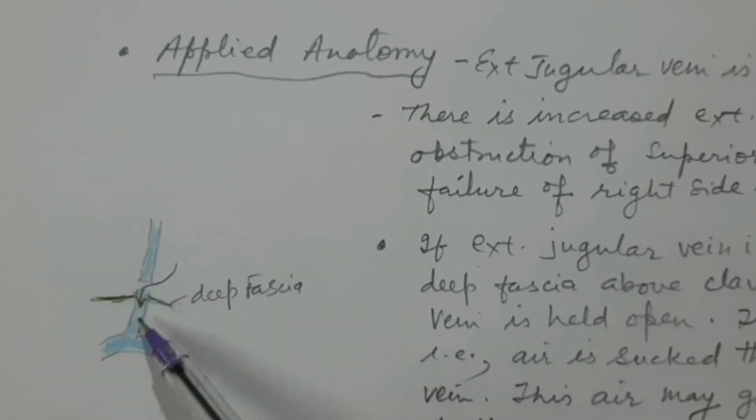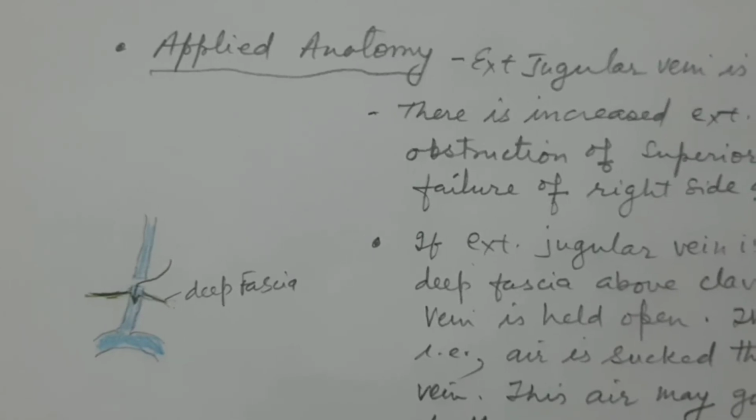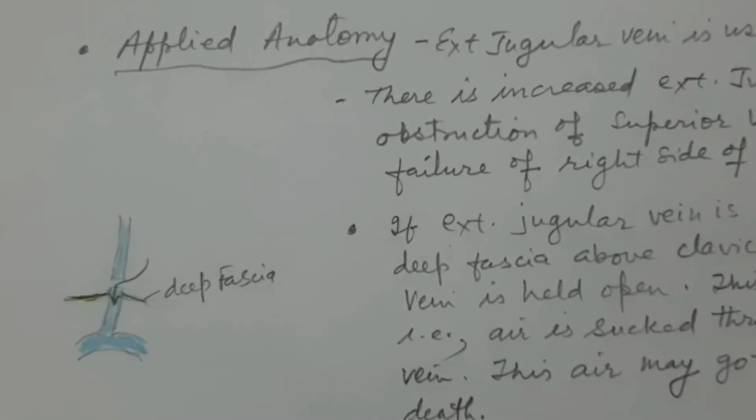And this may suck the air, and the air will go into the large veins and then to the heart, and from the heart this air may go to the various viscera. This is called air embolism. Air is taken to the various tissues, say viscera, and there it will obstruct the blood flow when it goes to the arteriolar level.